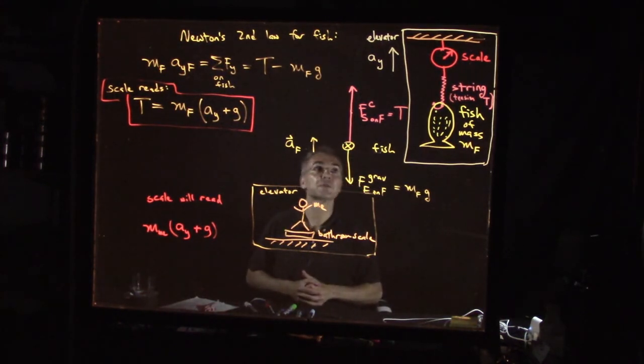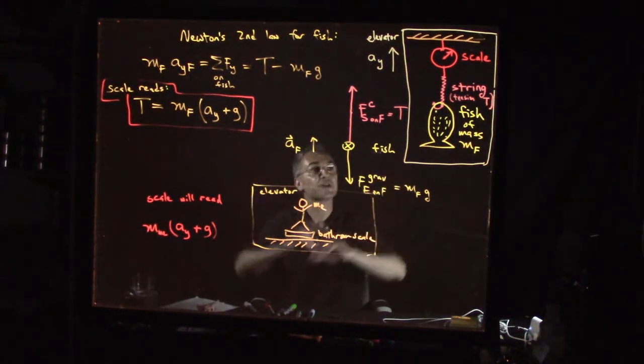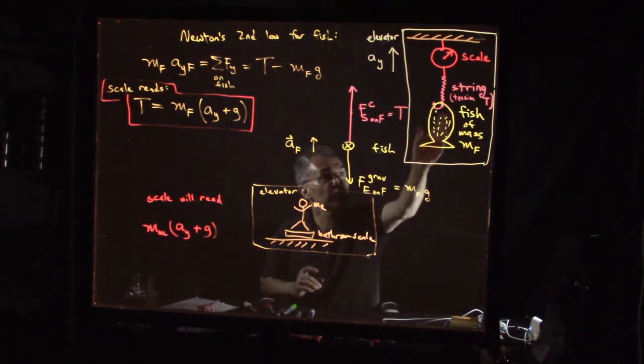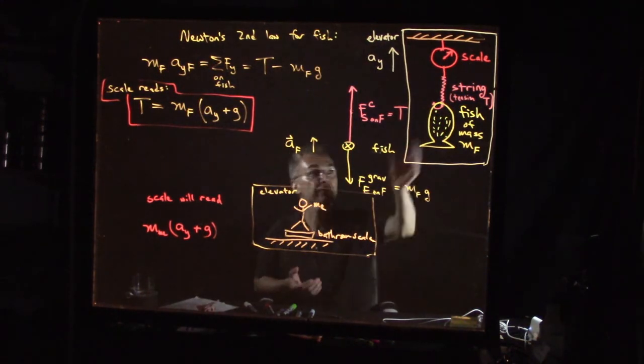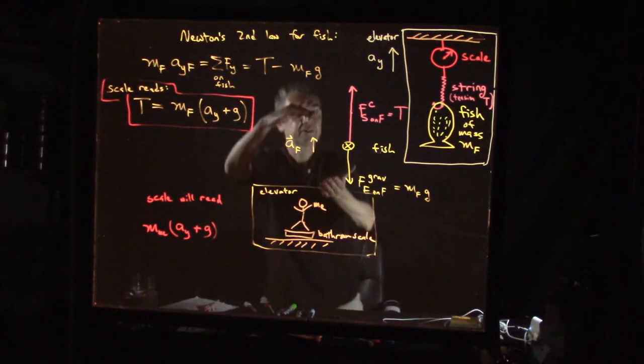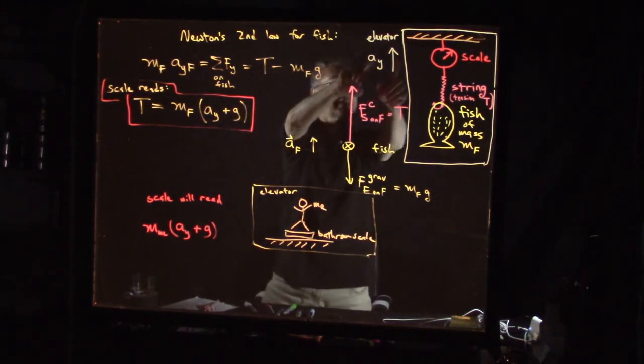Anyway, it gets even a little trickier when everything's in an elevator. The way you work those problems is you do the exact same thing you would do to draw a normal, ordinary free body diagram for the object of interest, a fish, or for me. But then the acceleration is the same as the acceleration of the elevator.